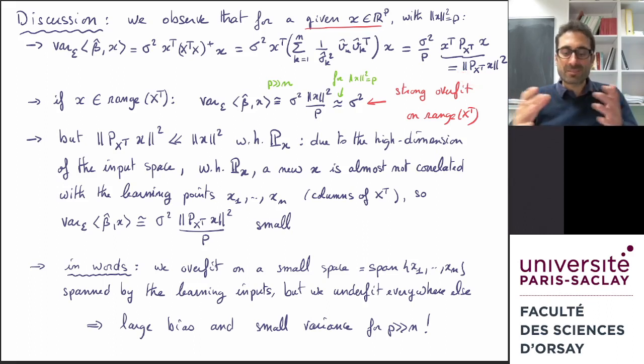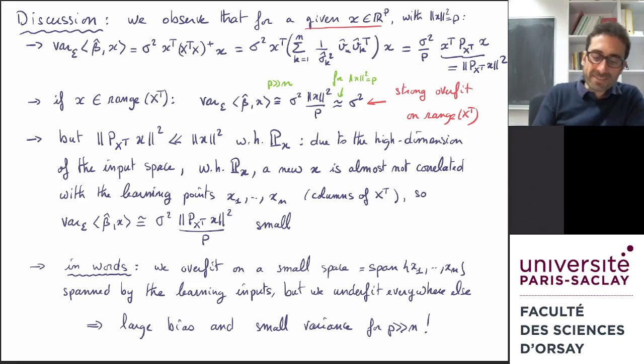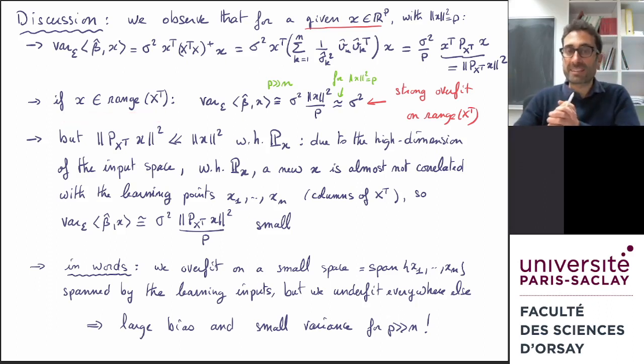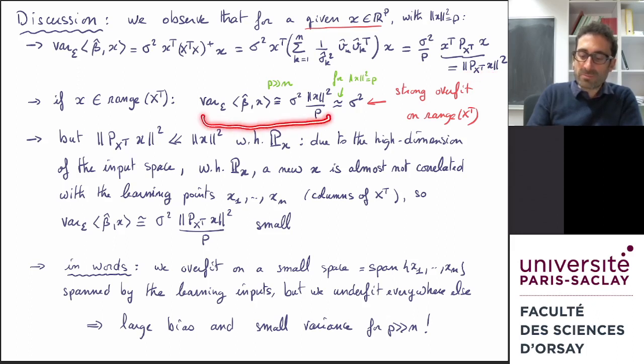So now let us look at two different situations. If I have an x which is in the range of X^T, so this is in the span of my x_i, where the x_i are the learning data set, then the projection will be equal to x, so the variance will be equal to sigma^2 times the square norm of x divided by p.